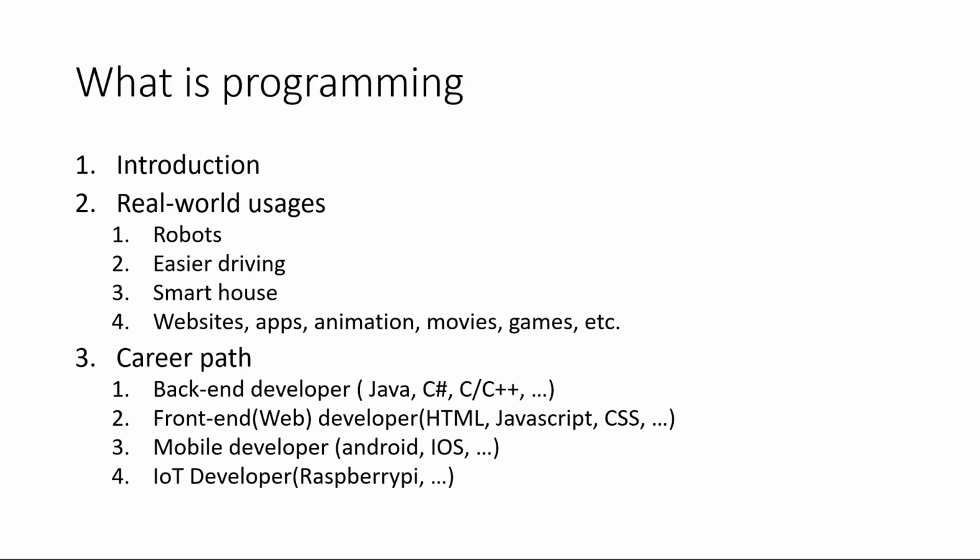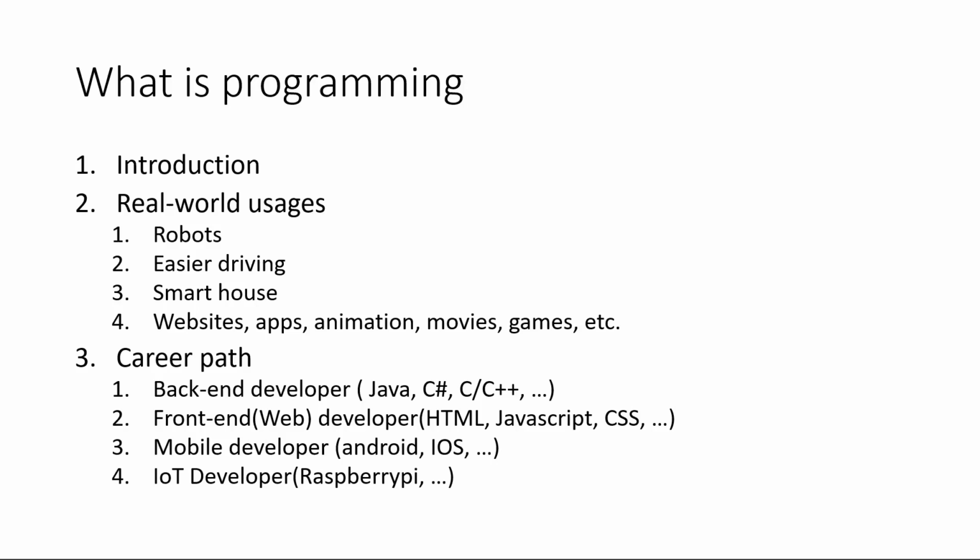Here, when we say front-end, we are talking literally about web applications, right? What you see on a website, for example, when you go to Amazon, the visual elements on the website are the work of front-end developers. They use HTML, JavaScript, CSS, and things like these.